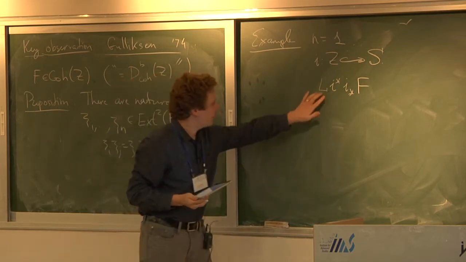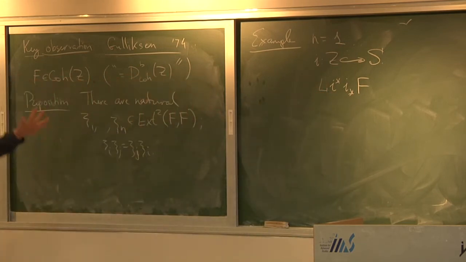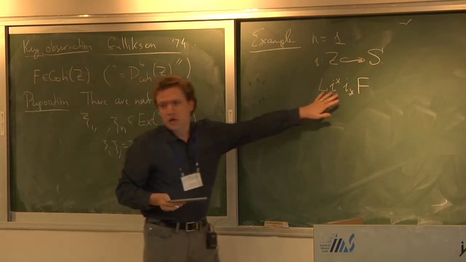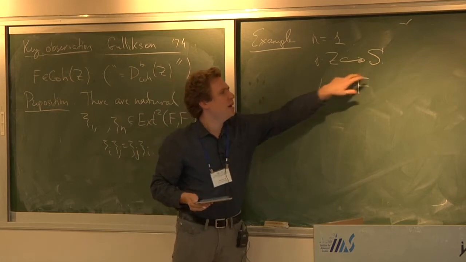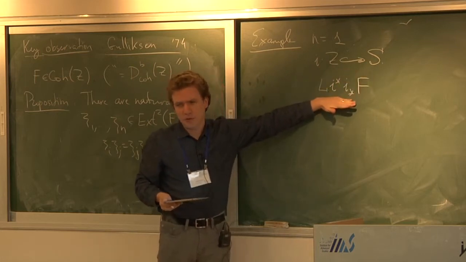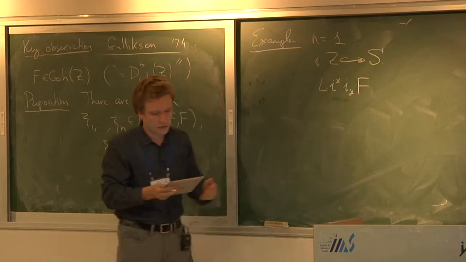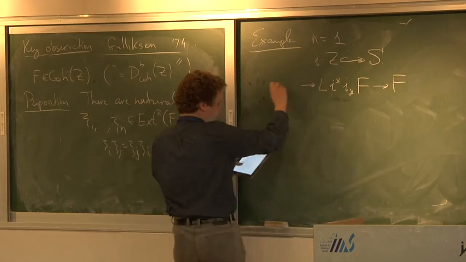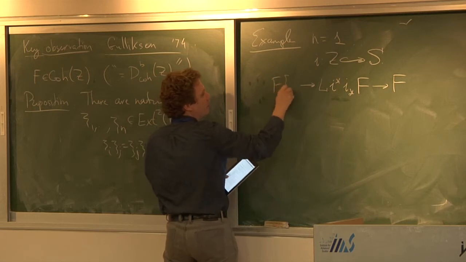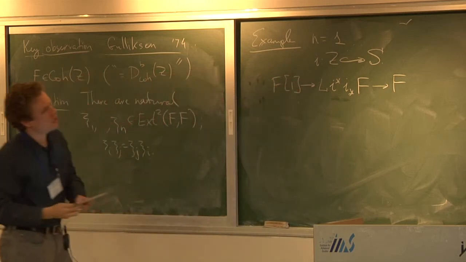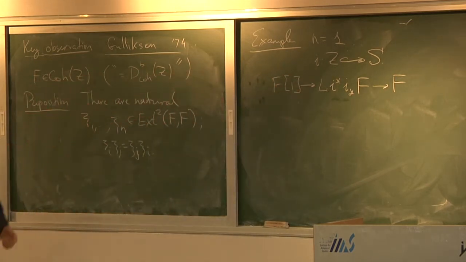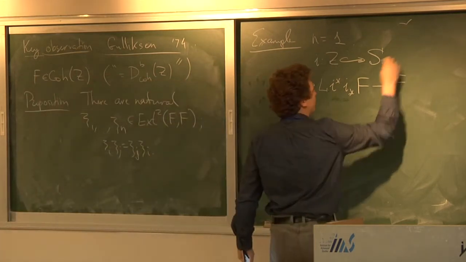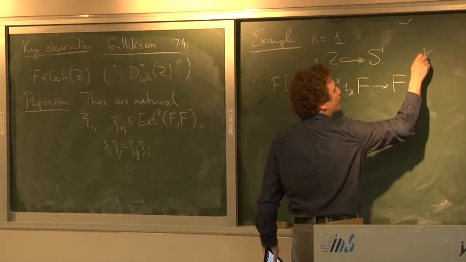Maybe for now I'll write explicitly that it's derived, but you might have noticed that everything is derived by default anyway. Because Z is given by one equation, such a thing can be computed pretty much explicitly using the Koszul complex. And from it, it follows that it fits into an exact triangle like this. So this is from the Koszul resolution.